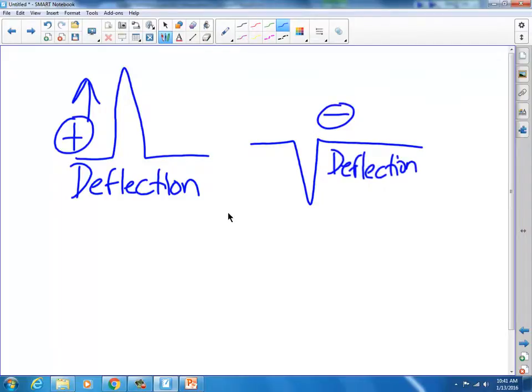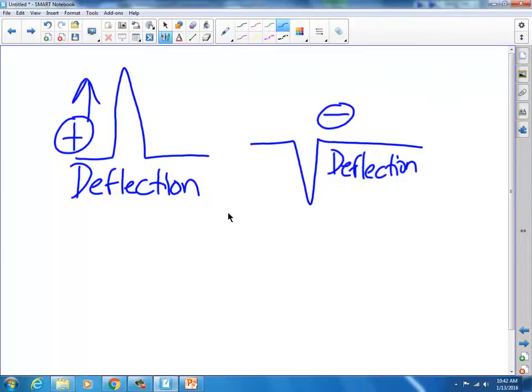So when I'm looking at a complex, if I see a waveform that goes up towards the sky, that means it is a positive deflection. If I see a waveform that goes down towards the ground, that means it is a negative deflection. I know that this may seem very elementary.